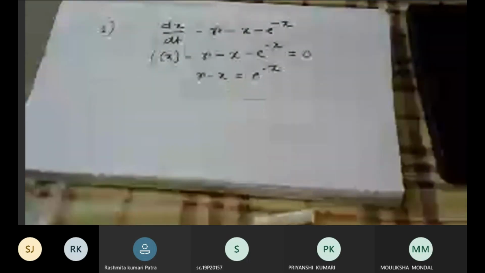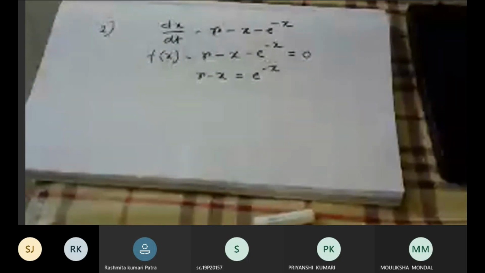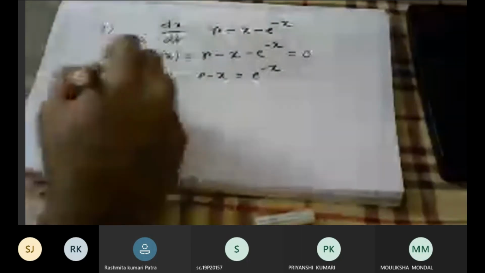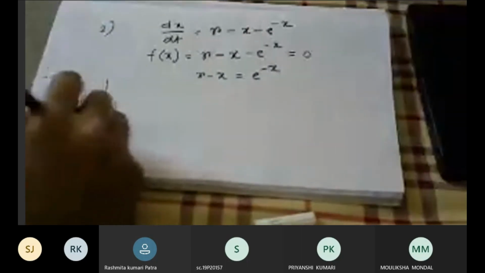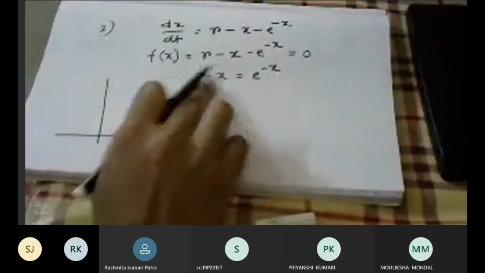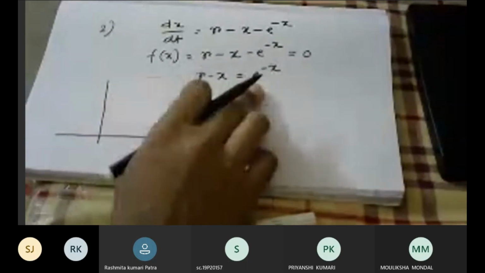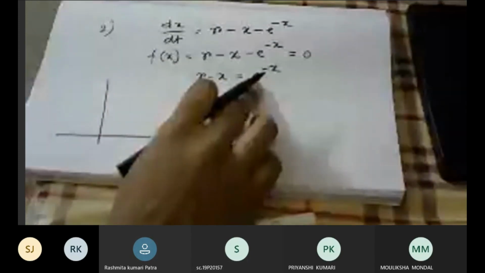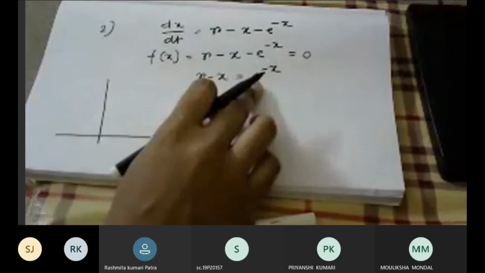R minus x should be equal to e to the power minus x. Fine. Can you guess in which way I am heading? What we can simply do is plot both of these functions, and see whether they are equal or not, depending on the value of r. Do you get the point that I'm saying?